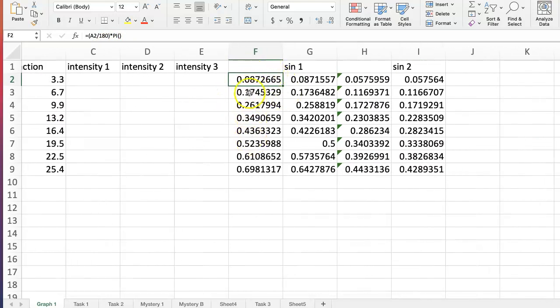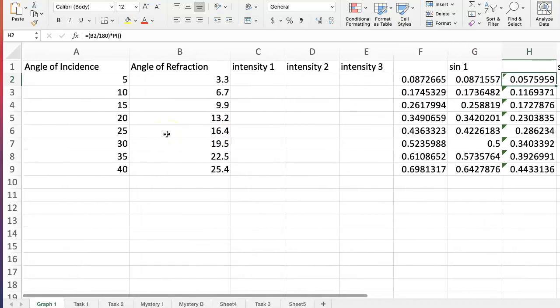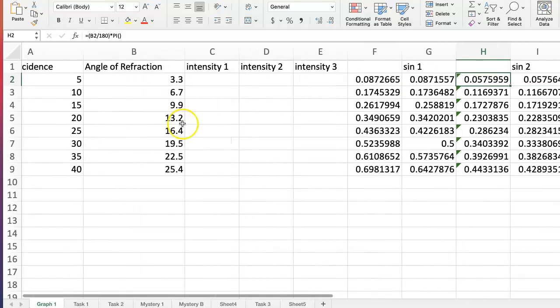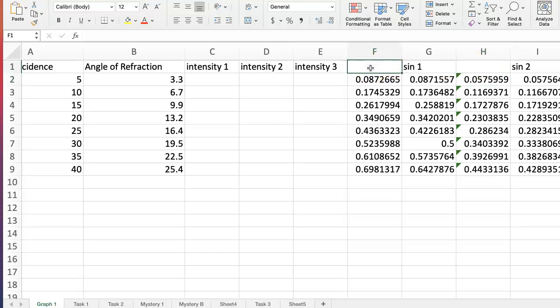And this is my angle in radians. I found here a function that is sine of this. And then I did also the conversion for the angle of refraction. This is the column here. Then this here is the angle in radians.